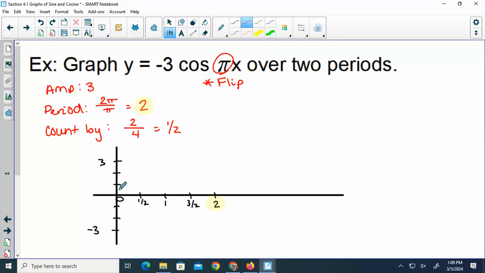Okay, cosine. Where does cosine start? At 1, its high point. So since our amplitude is 3, it would be at 3, but it's flipped. So it would be at negative 3. And then you're just bouncing back and forth. So we hit our low point, our middle point, our high point, and then we come back down to our middle point, our low point. And this is curved.